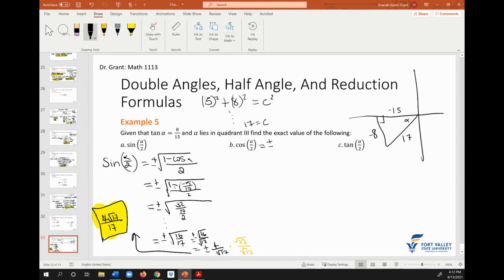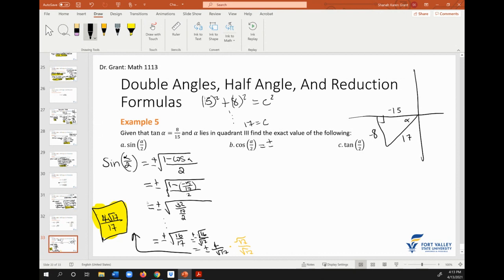Since the terminal side is still in the second quadrant, and sine is positive in the second quadrant, we take the positive value here because of our terminal side being in the second quadrant.